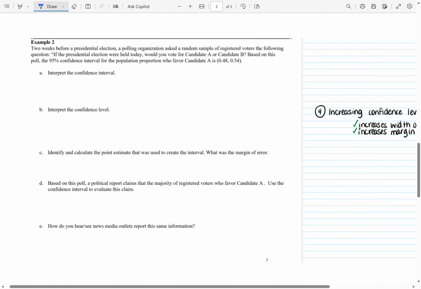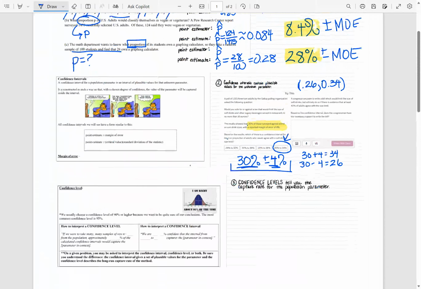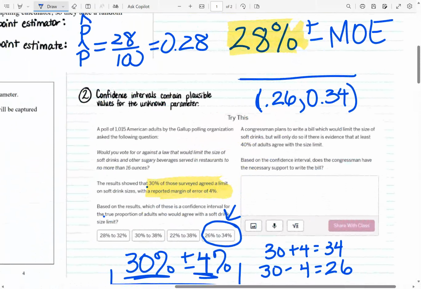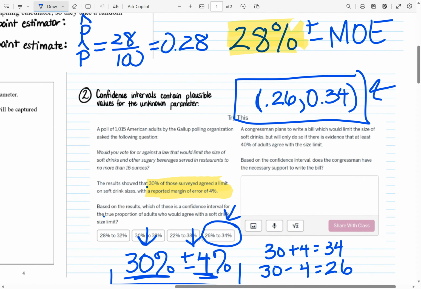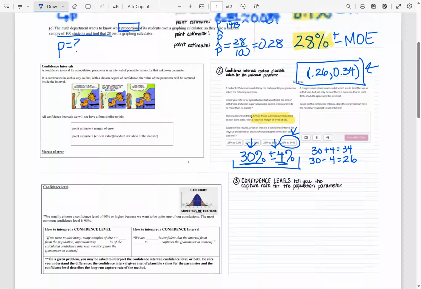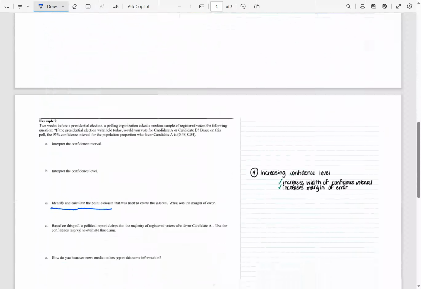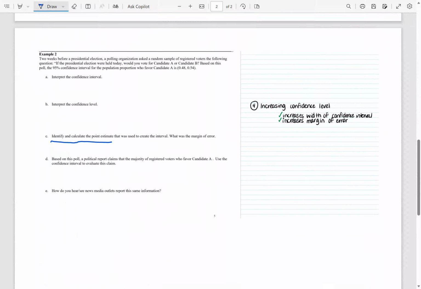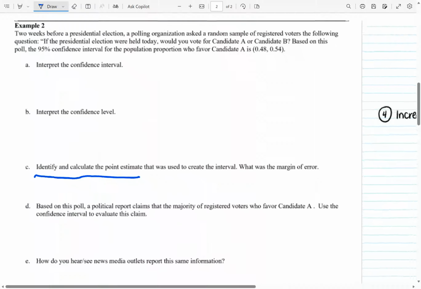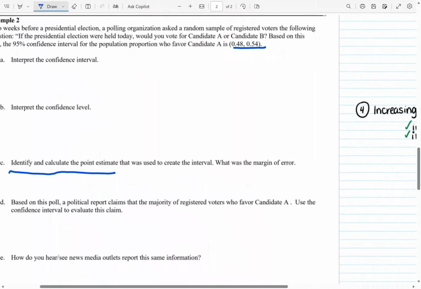So what we have to do on part C is identify and calculate the point estimate. So we need to know what's in the middle. You know how before we had this confidence interval and we got it from taking the 30% and adding and subtracting 4%. Now we are going backwards. We're going from the interval to figuring out what number we're adding and subtracting. So the way that we do that is we figure out what number's in the middle of 0.48 and 0.54.